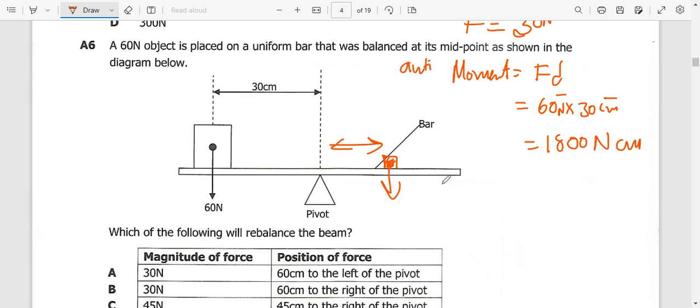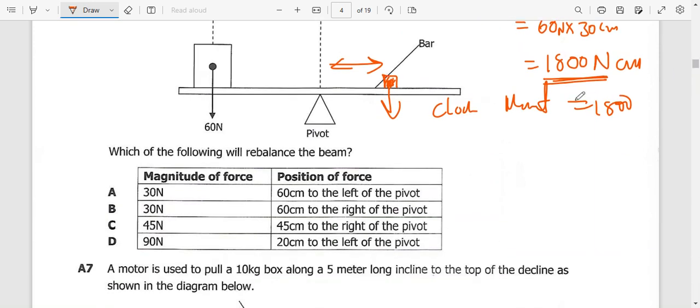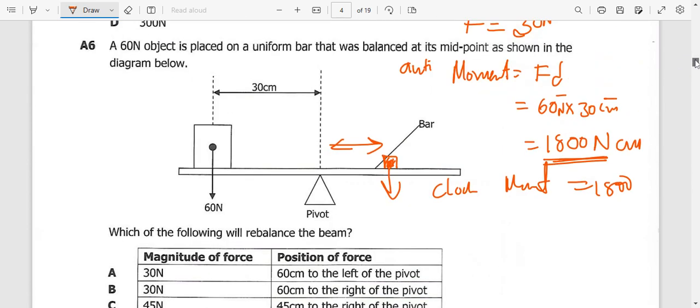So you want to have a clockwise moment which should also be 1800, since the anti-clockwise is 1800. So of these options which you are given, look for two numbers you can multiply to give you 1800. Now remember, are you going to place it on the right or on the left?